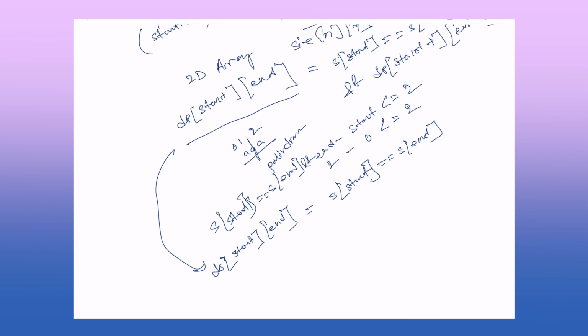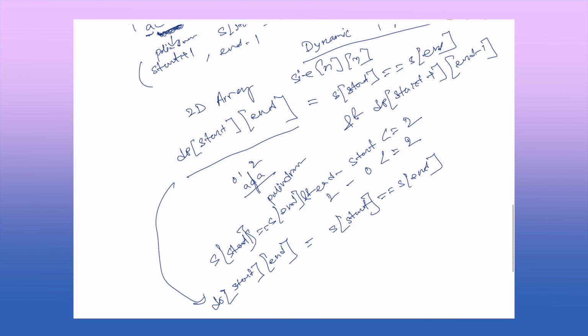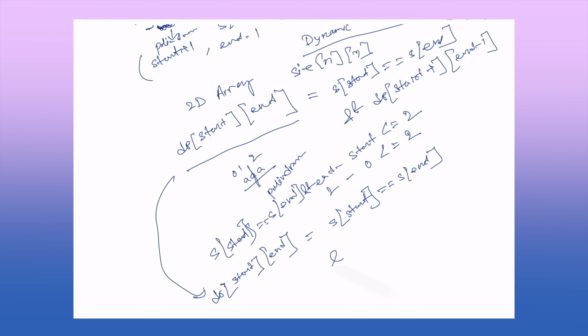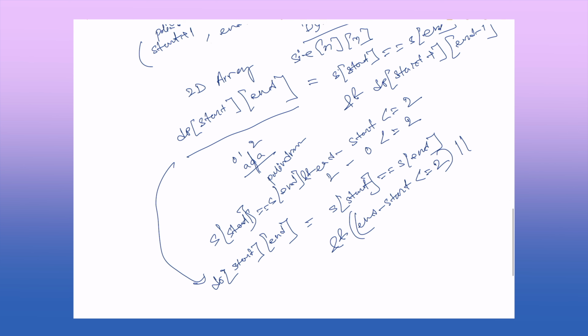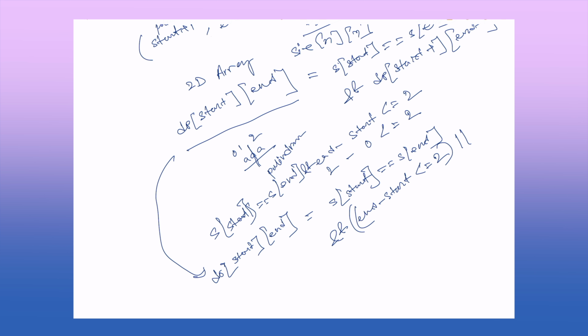Both sides need to be true first, both the characters on both sides should match, and end minus start less than or equal to 2, or dp of start plus 1, end minus 1 needs to be true, right?